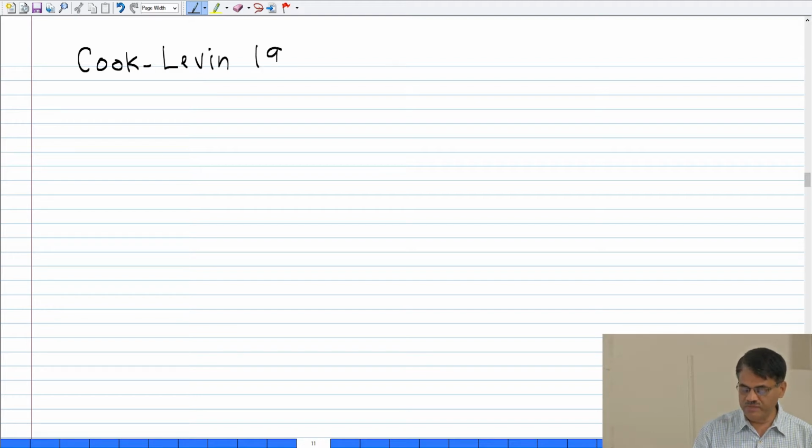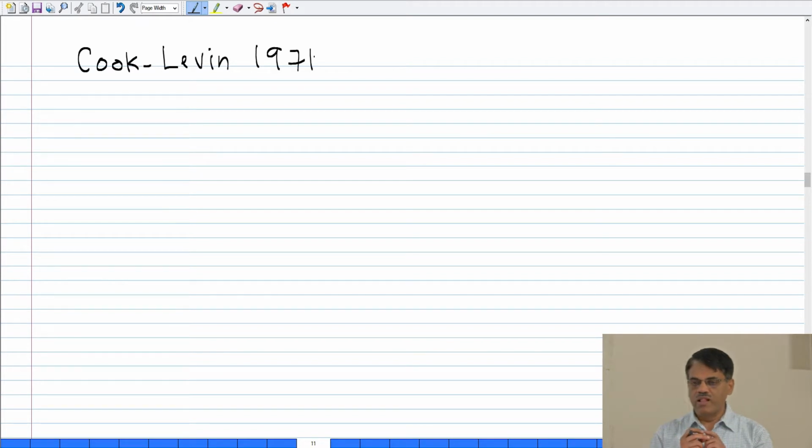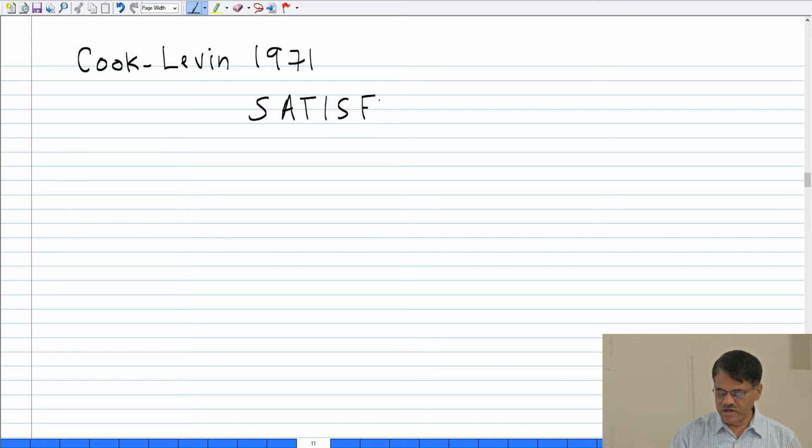There is a famous theorem by Cook and Levin in 1971, who showed that there is one problem which is NP hard. And that problem is a more general version than this, but let me simplify it. I will tell you how they showed it.